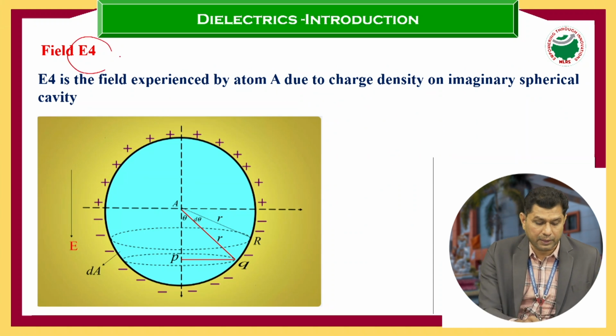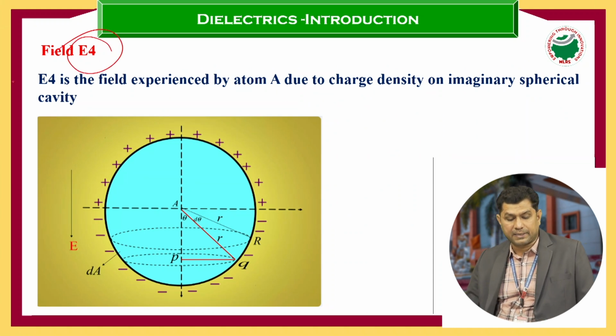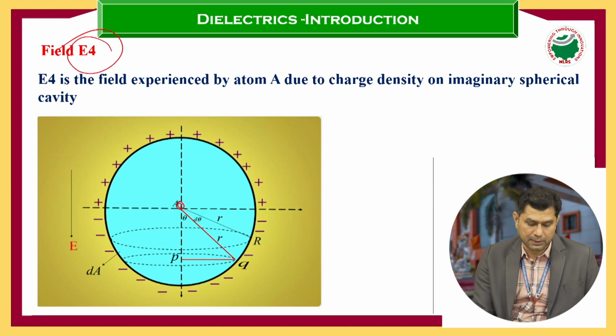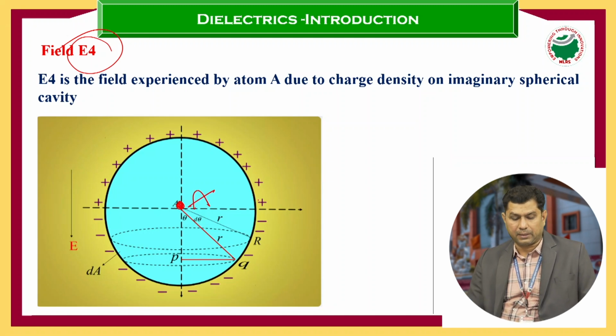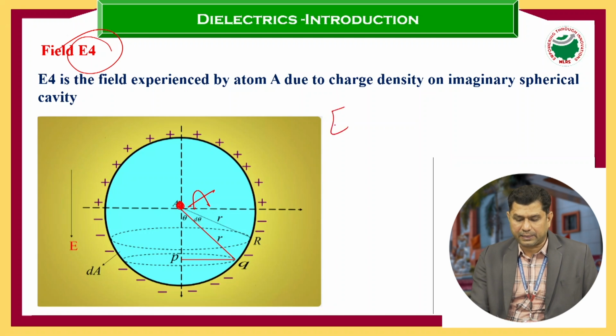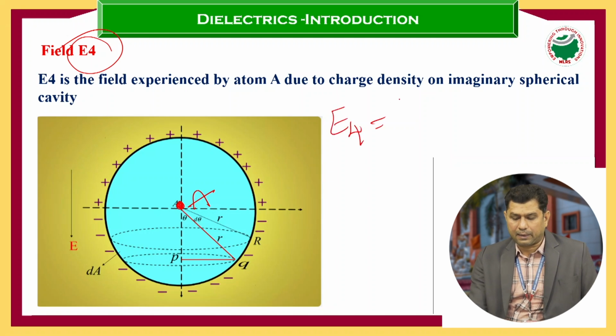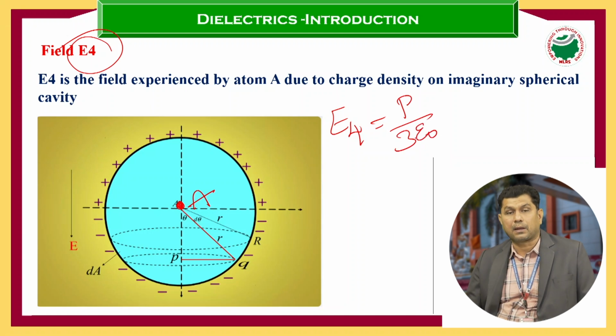Next, E4 is the field experienced by atom A. This is the atom A, our reference atom, and this is the imaginary spherical cavity. That value is P by 3 epsilon naught.